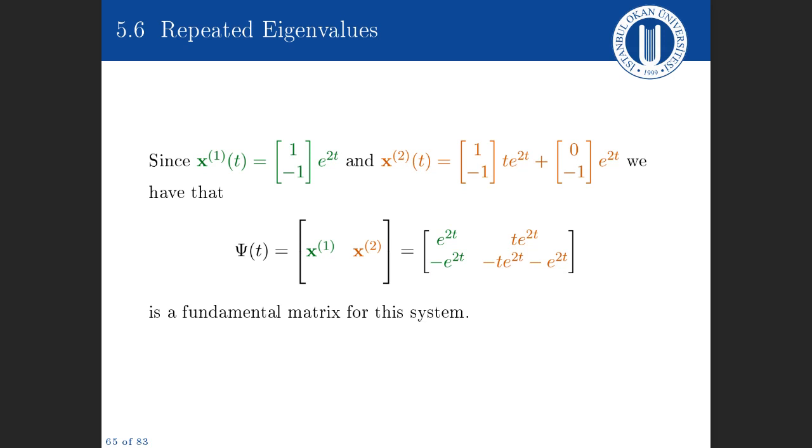We'll use these as the columns in our fundamental matrix. First function gives us the first column, e to the power 2t, minus e to the power 2t. And the second function gives us our second column, t e to the power 2t, minus t e to the power 2t minus e to the power 2t. This is a fundamental matrix for this system.